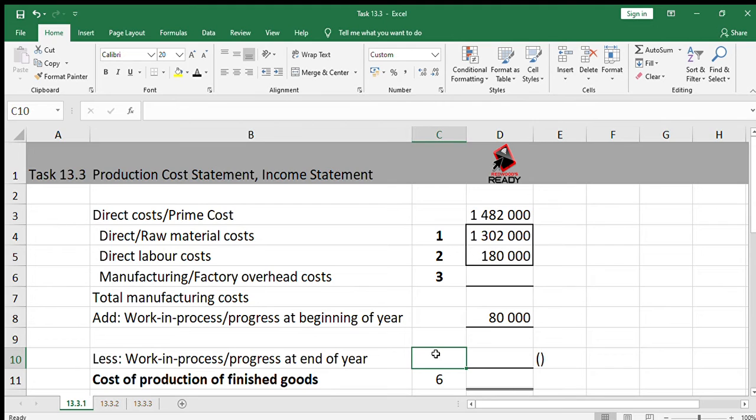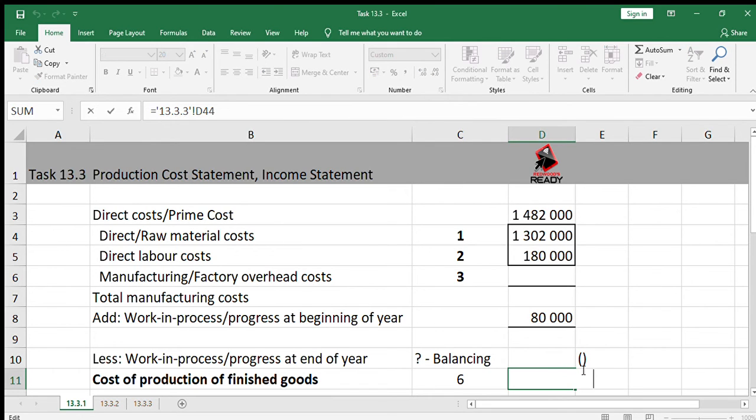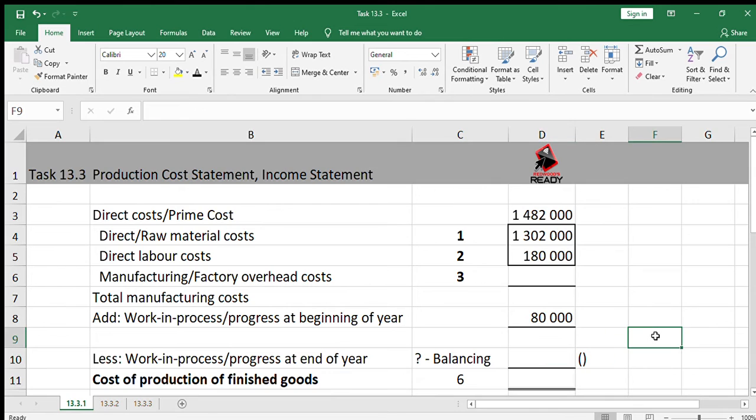Now, because it hasn't been given to us, it means that it will be a balancing figure. Okay, so what does that mean, a balancing figure? So normally you would come here, you would calculate, and this would be our final answer. Now in this question, we're going to have to get this answer another way and then work backwards towards the balancing figure here.